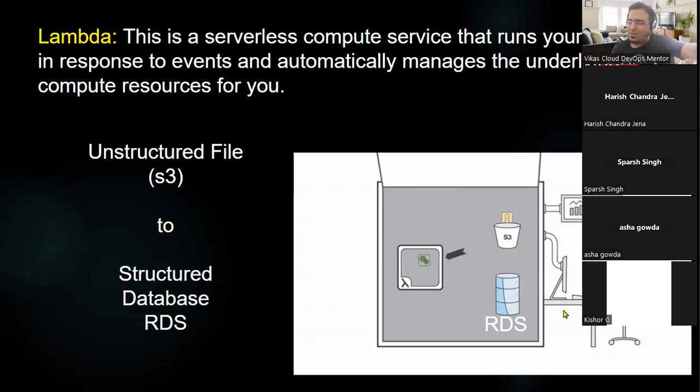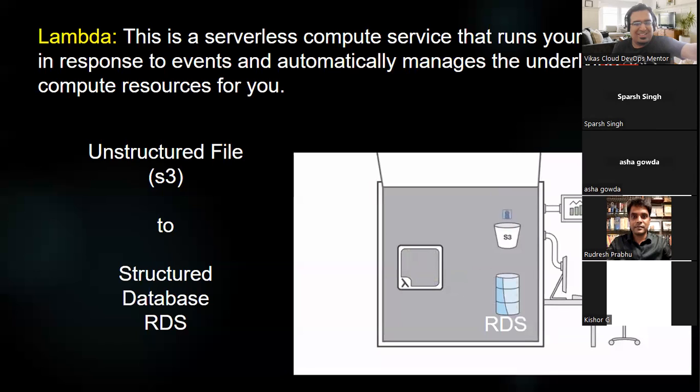Something is happening. This DevOps engineer is sitting like this. Can anyone explain? Yes, it's basically converting the unstructured files or information received into the structured RDS database using the Lambda.